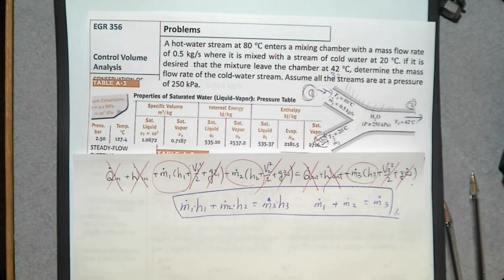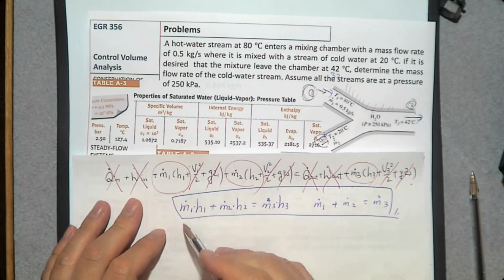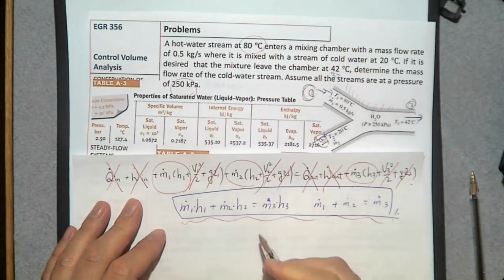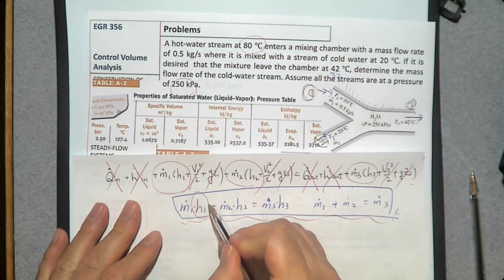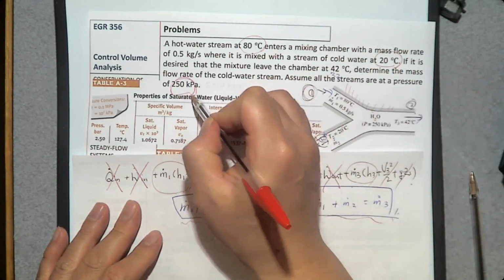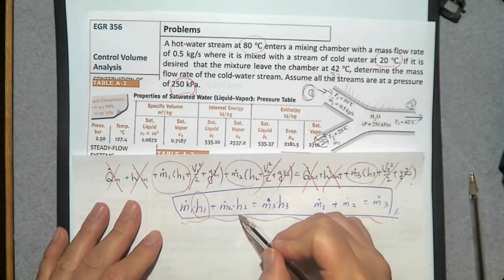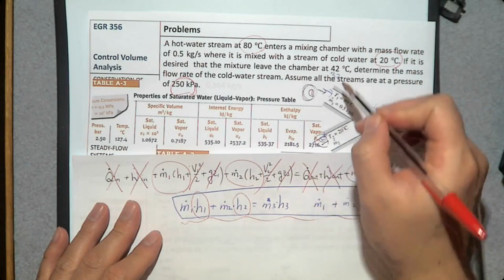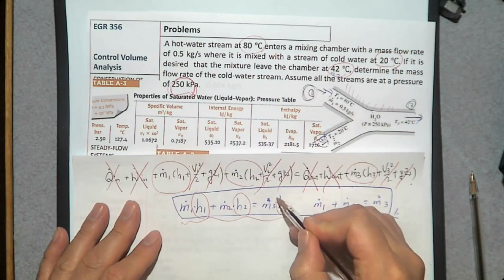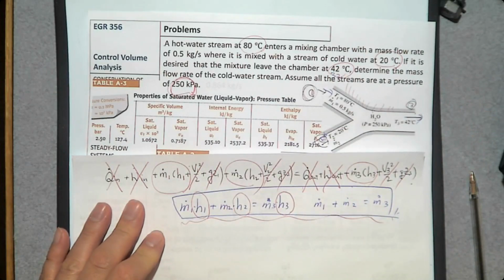So now let's see what we know in these equations. First, we have the temperature and pressure at the inlet number 1, so we can determine H1. We have the temperature and pressure at the inlet number 2, so we can determine H2. We have the temperature and pressure at the exit, so we can determine H3.